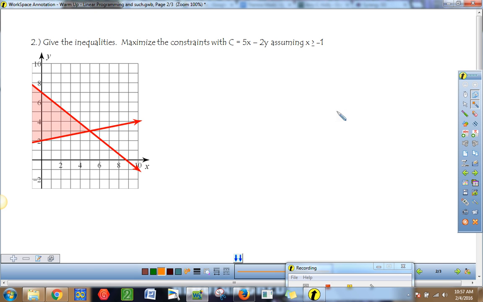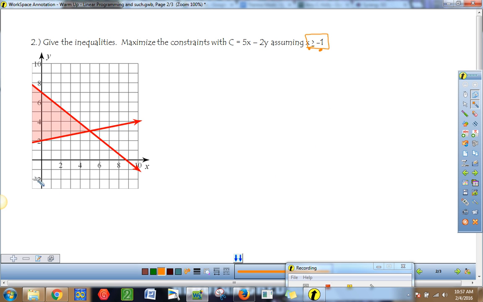Okay, so the key with this one also is telling you that x is greater than or equal to -1, so you need to add in that line. Where would that line be? What would that line look like? A vertical line. It's going to be a vertical line. This means you're going to cross the x-axis at -1. That's what it means.